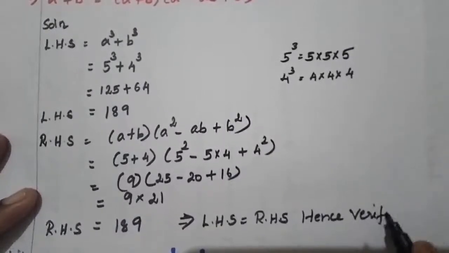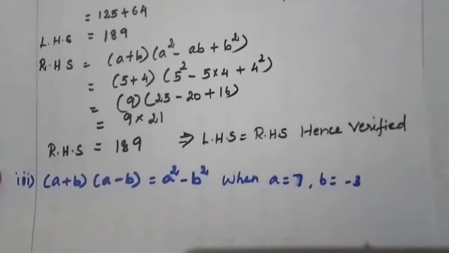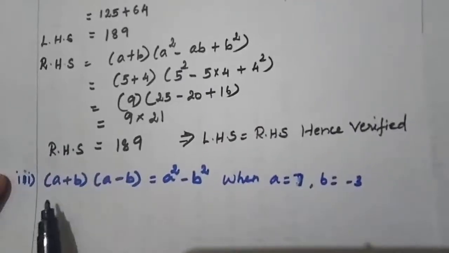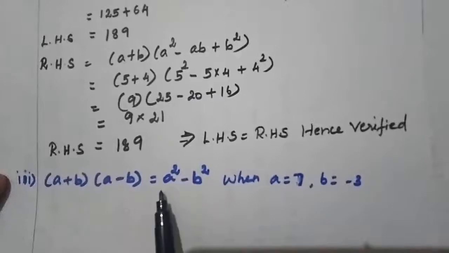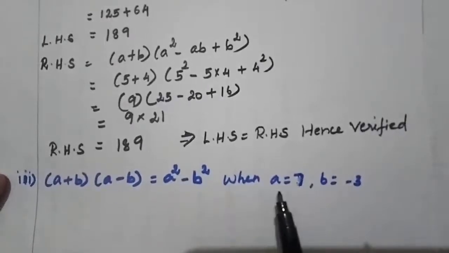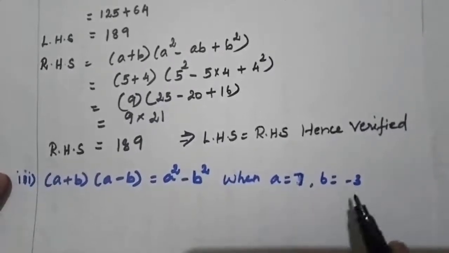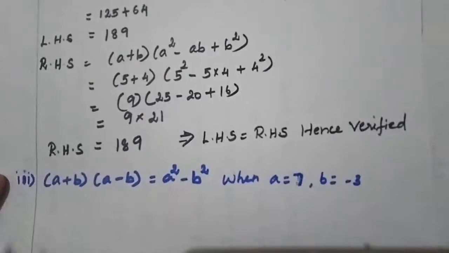Is it clear, children? Yes. Next algebraic identity, (a plus b) into (a minus b) is equal to a square minus b square. Here the value of a they have given as 7 and b as minus 3. So, do it carefully because this is minus 3.